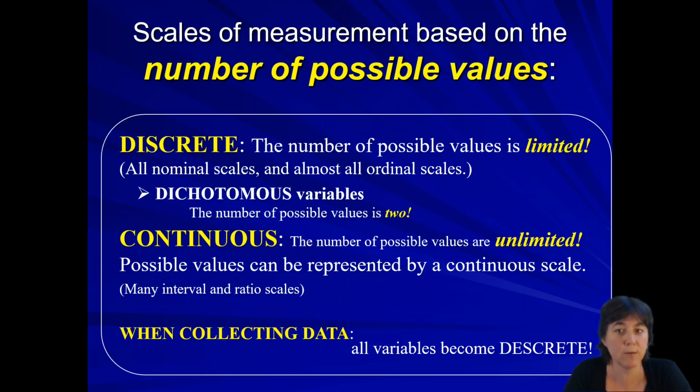Let me point your attention to a specific type of discrete variable. Dichotomous variables typically have 2 values. For example, somebody has the disease or does not have the disease. That's kind of a yes or no question, okay? And there are many others that have only 2 values, or you make them have 2 values.